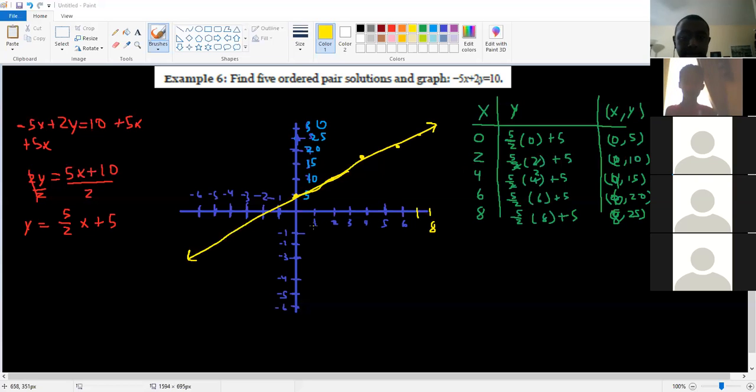Now let's say that you have a line like this. This is wrong. You have to have something that's similar to this going that way. Thumbs up or thumbs down if you want me to explain it again. If it's good, just thumbs up.